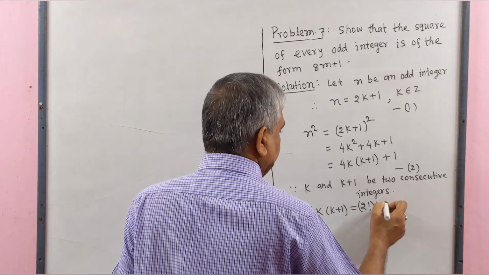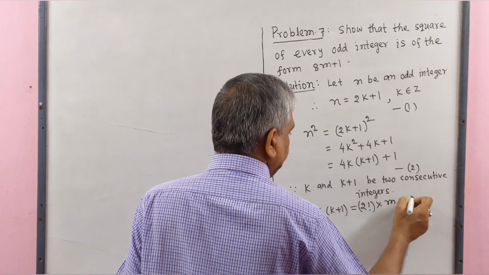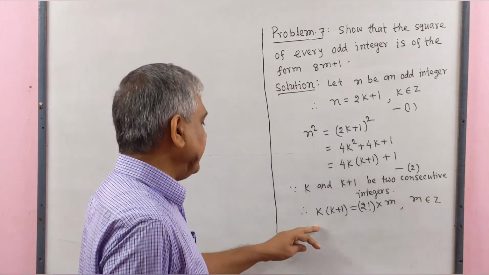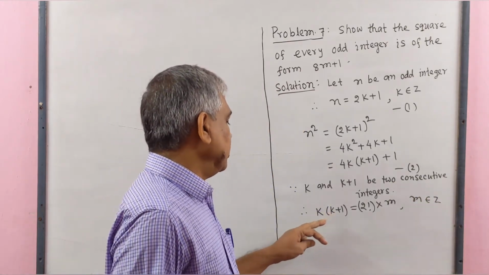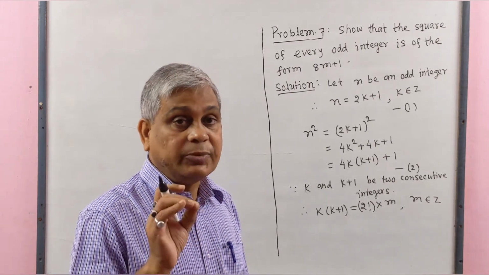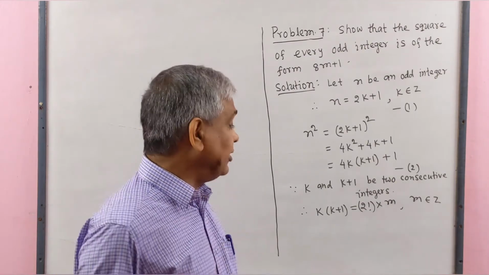Let that integer be m, because we know that the product of two consecutive integers is divisible by factorial 2.